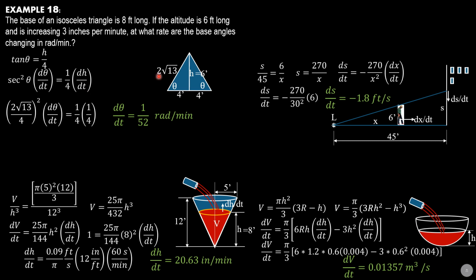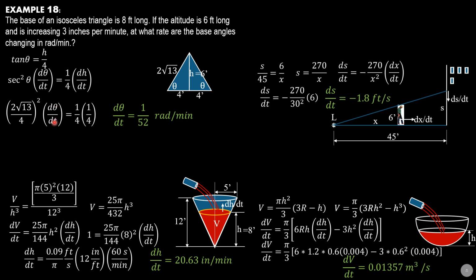Substitute: secant squared is the hypotenuse, 2 square root of 13, over the adjacent, 4, quantity squared, times d theta/dt, equals 1/4 times dh/dt. dh/dt is 3 inches per minute, and 3 inches per minute is 3/12, or 1/4 of a foot per minute.